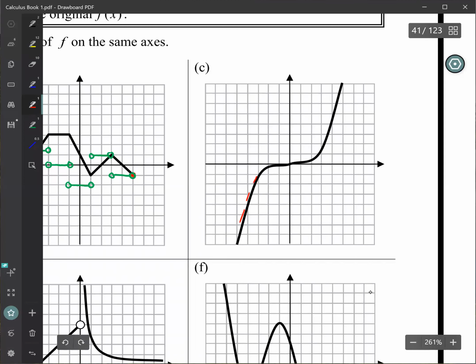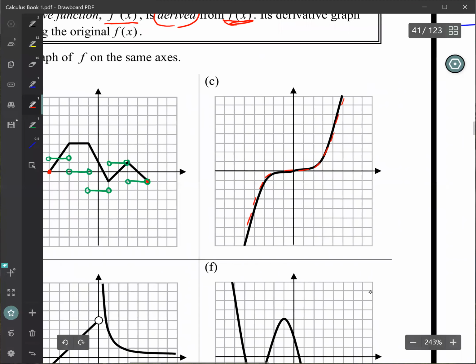All these are tangent lines, and then it changes. So we are graphing the slopes of each of the red lines, approximating just by looking at the direction and then seeing the value of the slope.